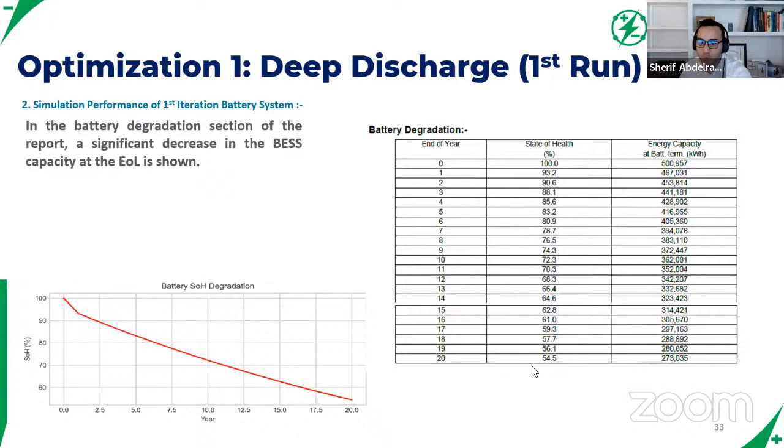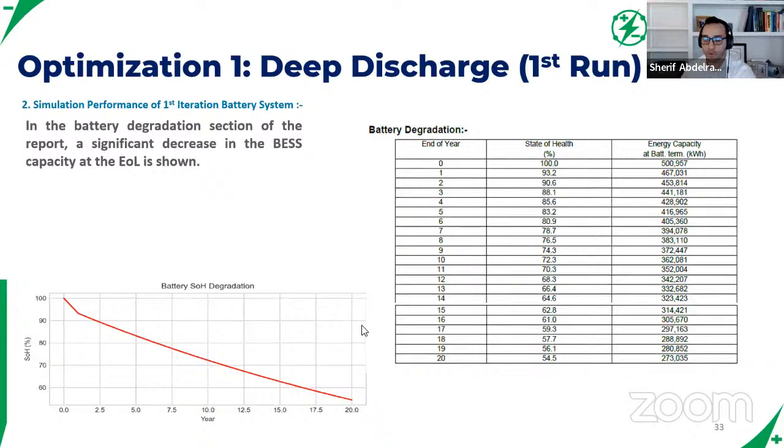So long story short, yes, it'll go beyond if you simulate more years, but as a user, you want to recognize when the battery state of health is going beyond the performance guarantee of the OEM.